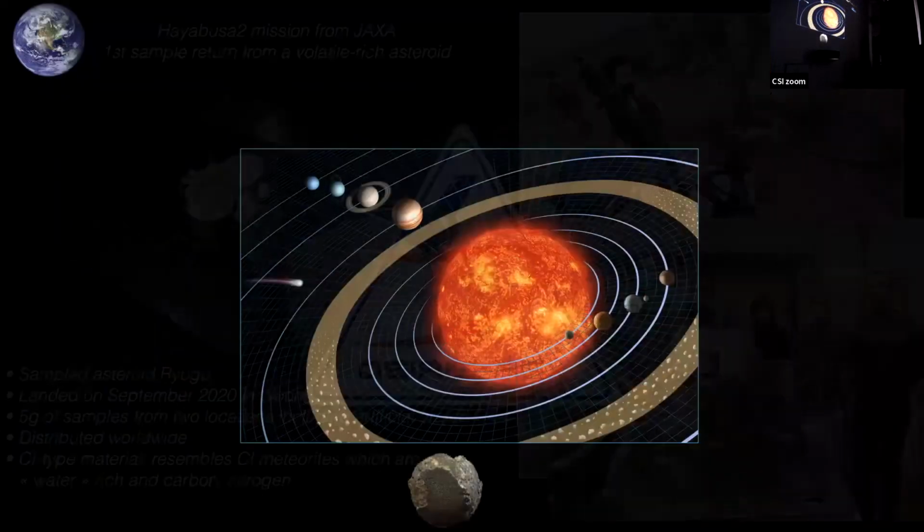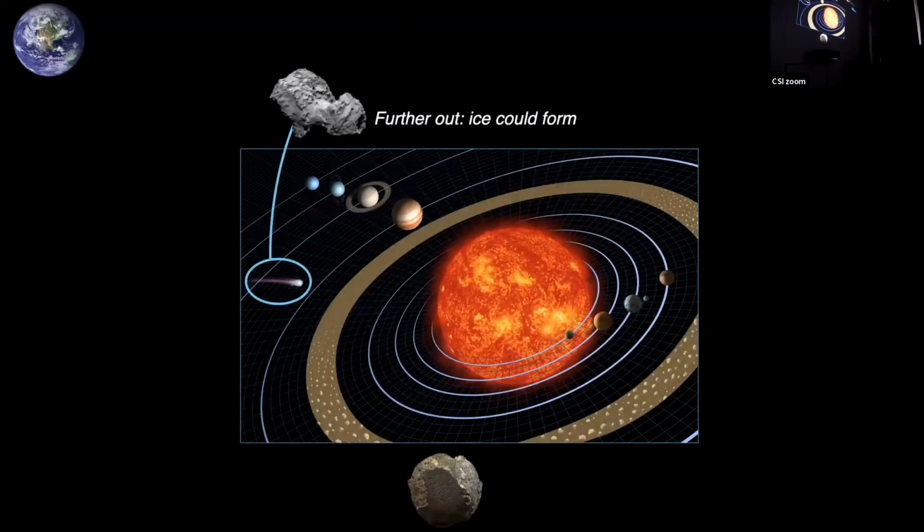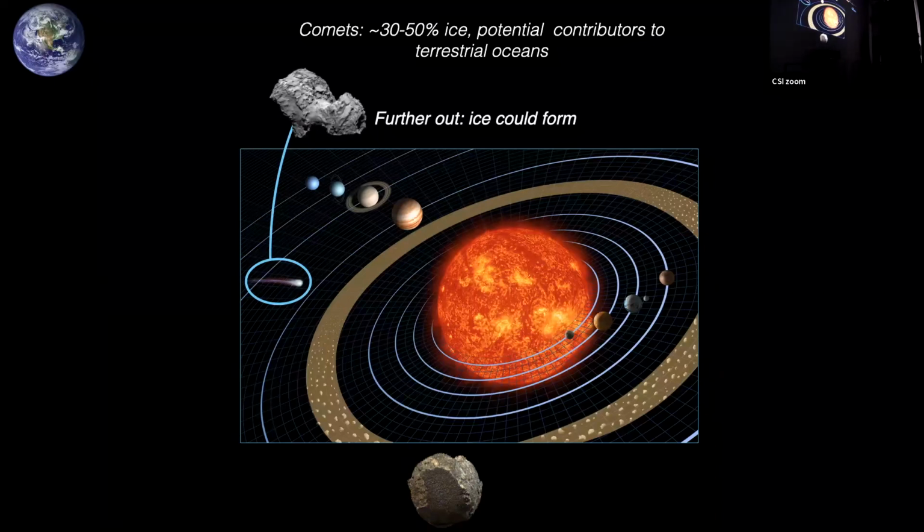Okay, so these are the meteorites, the first indication, but you have also further out icy bodies that are now sampled by comets. And the comets are made of, we can say, 20 or 30%, up to 50% ice, mostly water ice. And they are also good candidates for providing water to Earth.